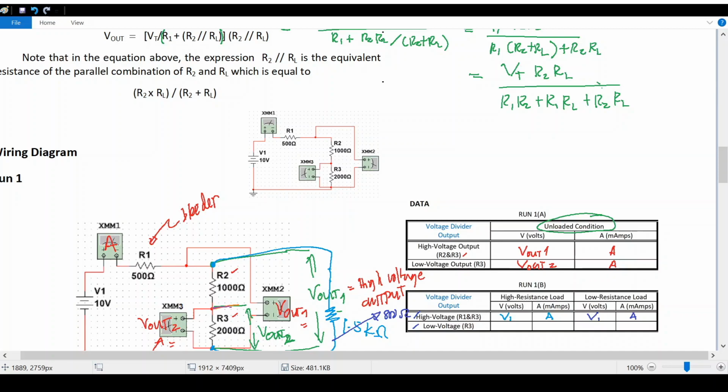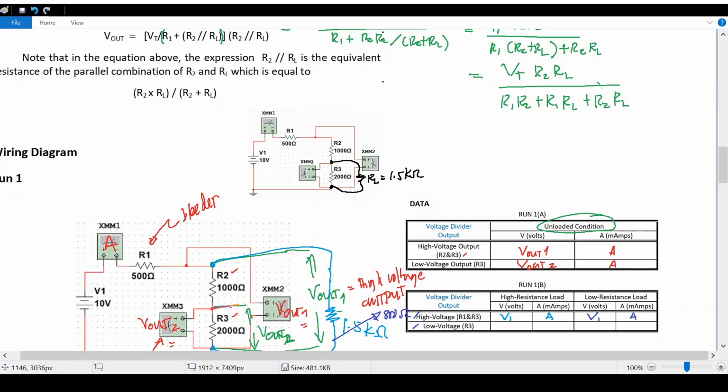We shall connect the resistance across the 2 kilo ohm resistor, and the load resistance here is also 1.5 kilo ohm.